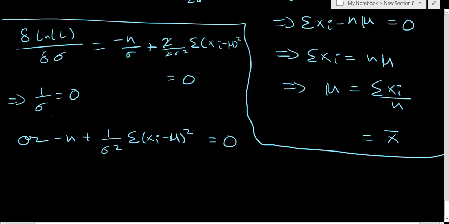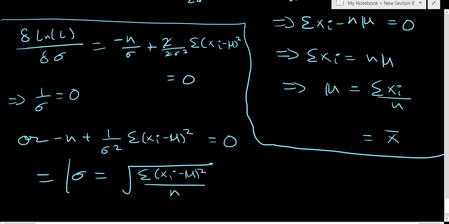This is the more logical option, since with the first, sigma would become an undefined number. So I'll calculate a value for sigma, and that value would turn out to be a root over sigma xi minus mu whole squared over n. That is the value that we have.